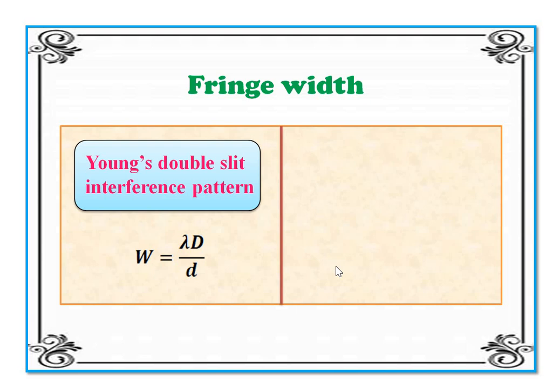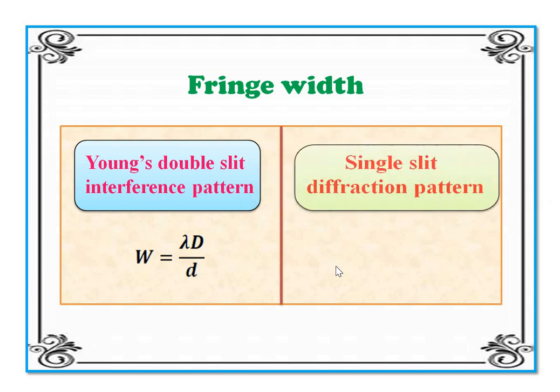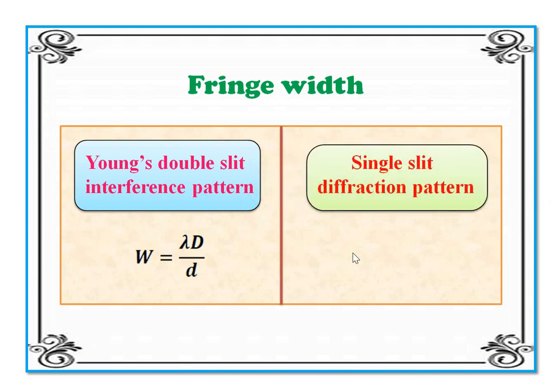In case of single slit diffraction pattern, the fringe width formula is capital W equals lambda capital D divided by small a, where small a is the slit width.